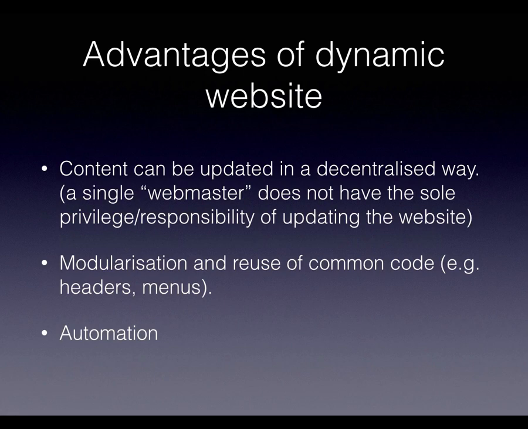So anytime we need to change the menu, we just change that one menu file, and it's automatically included in any other pages that need it. I'll explain that in more detail later on, and in the tutorials as well. And obviously automation, as we said before, is a big one.